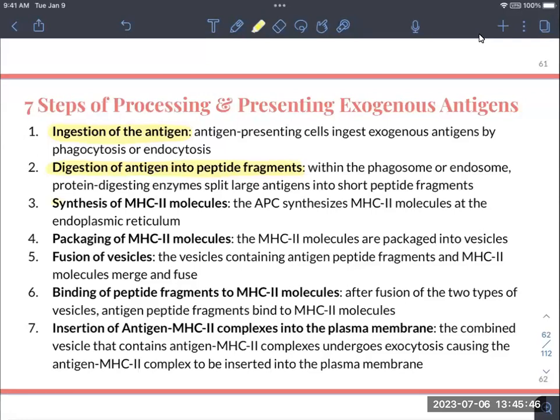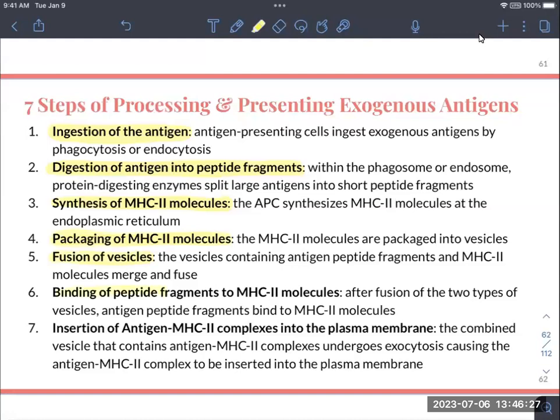They're going to synthesize that MHC2 molecule. That antigen presenting cell synthesizes the MHC2 molecule at the endoplasmic reticulum. They package up that MHC2 molecule as well. They're put into vesicles. These vesicles are going to fuse with the cell membrane to present that antigen.